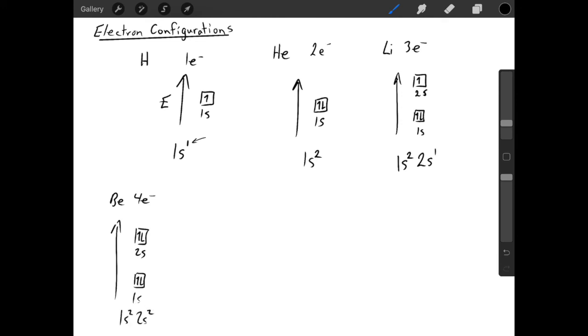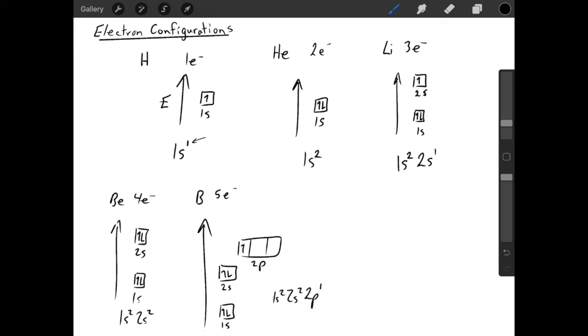And with boron, now we get, again, slightly more complicated because now we have access to the 2p subshell. We'll do 2 more examples. We'll do carbon first with its 6 electrons.